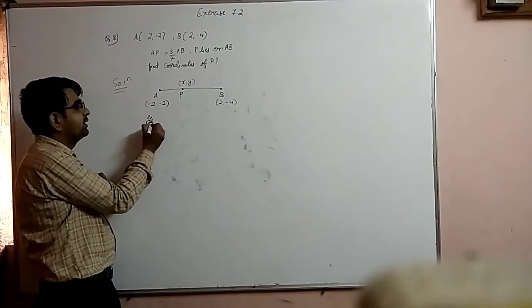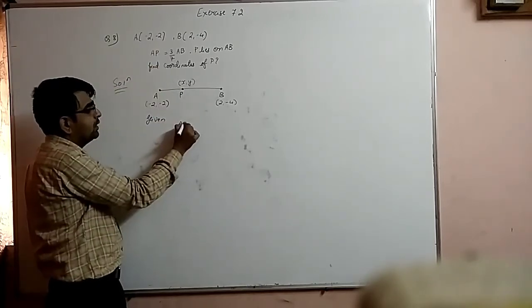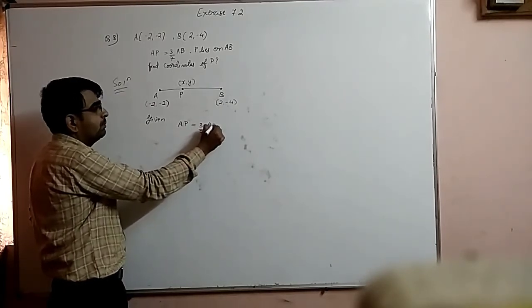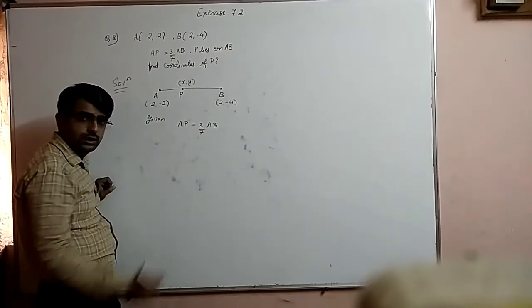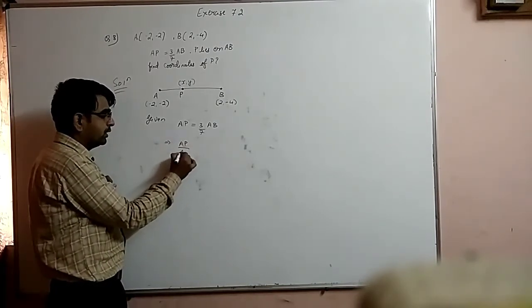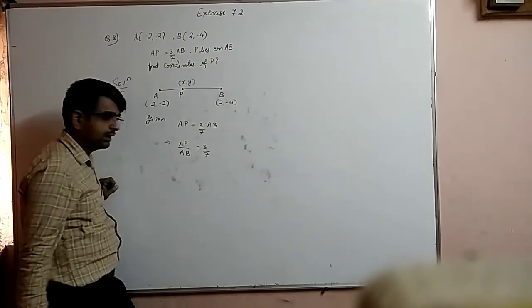What is given now? AP is equal to 3 by 7 AB. I can write AP upon AB is equal to 3 by 7.